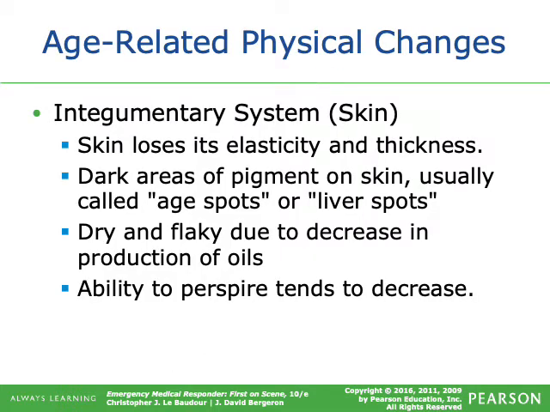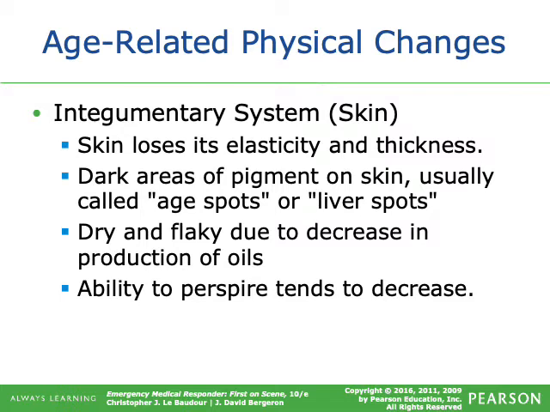All right, the skin. The skin is going to lose elasticity and thickness. Dark areas of pigment on the skin, usually called age spots or liver spots. Dry or flaky due to decrease in production of natural oils. The ability to perspire tends to decrease, so they may be at higher risk of developing a heat injury. It's just something to keep in mind. They also don't regulate their body temperature in the cold as well.